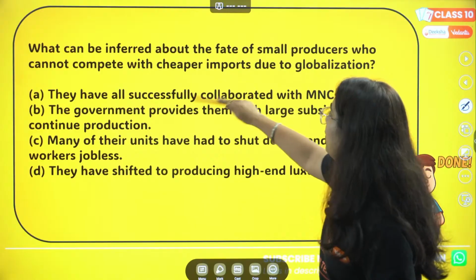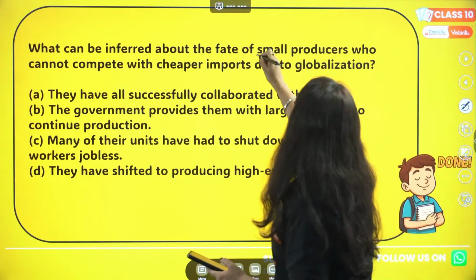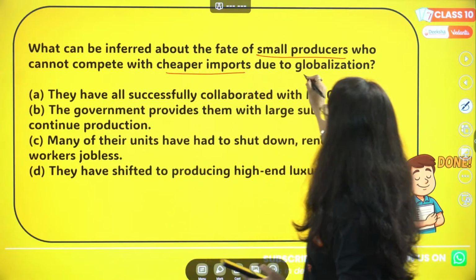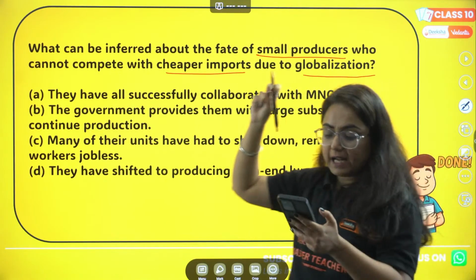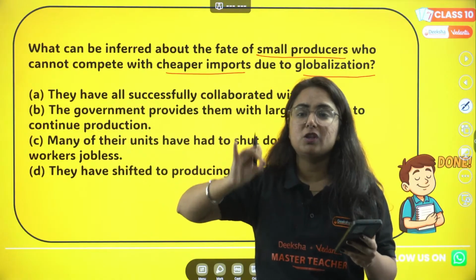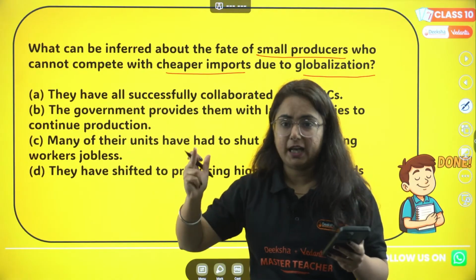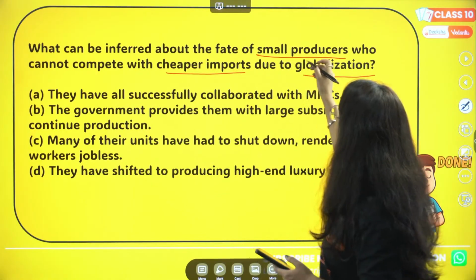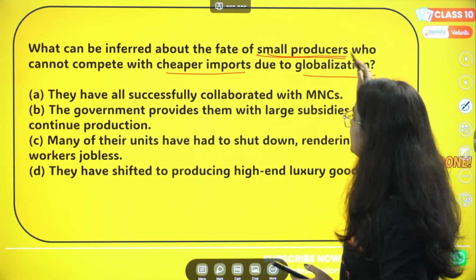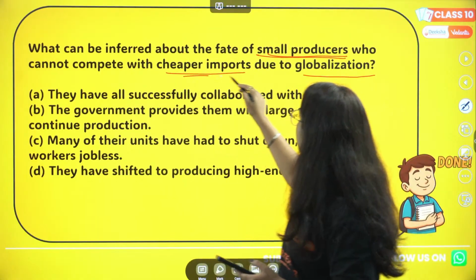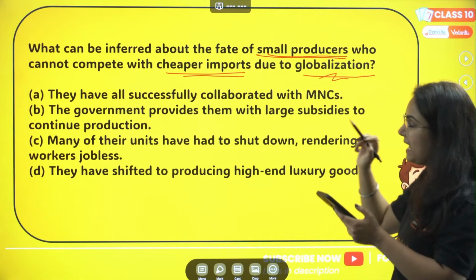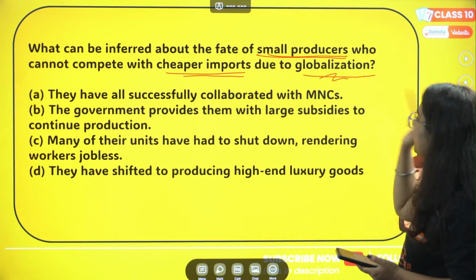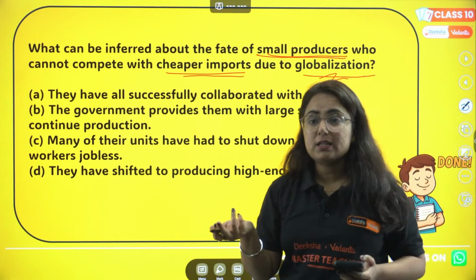What can be inferred about the fate of small producers who cannot compete with cheaper imports due to globalization? Again, one more question from the chapter on globalization. Options are: A, they have all successfully collaborated with MNCs.